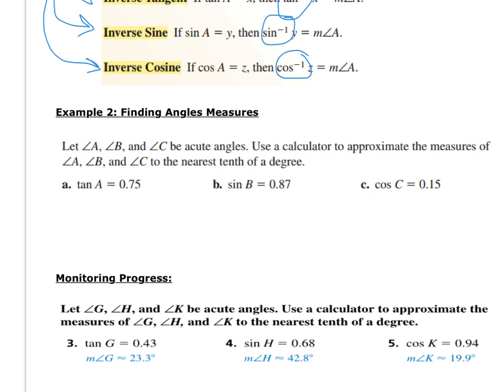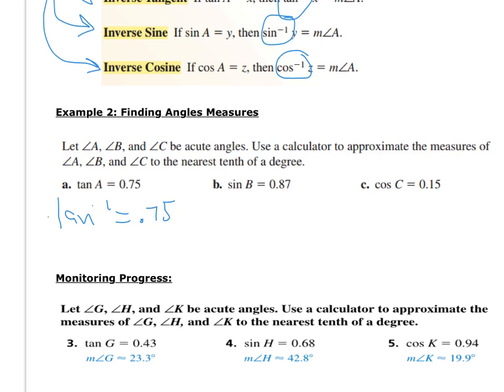Okay. So they ask us to find these angle measures. As you can see, they want us to find the tangent of angle A. Well, to do this, we're going to do the tangent negative inverse of 0.75.